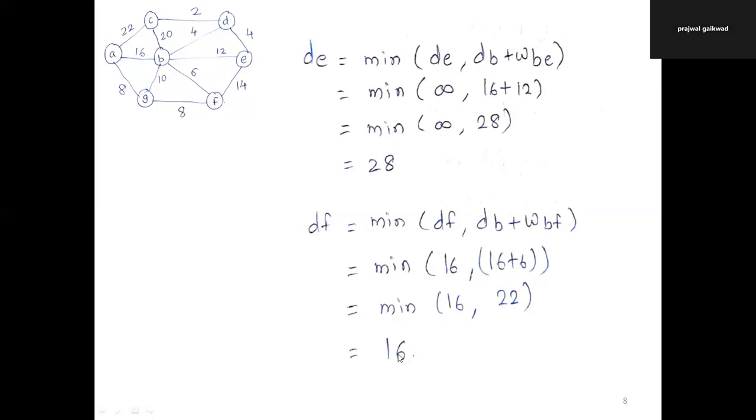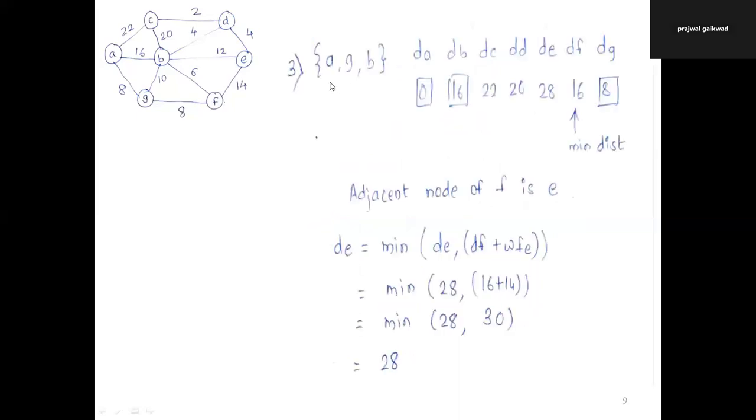So the minimum of these two is 16. Now we have reached the minimum of dF. The next node is 16. Consider again the adjacent node of it, E. So it is 28, because it is the minimum of dE, which is 28, and dF plus weight of FE. dF we have calculated as 16 and FE is 14. So the minimum of 28 and 30 is 28.